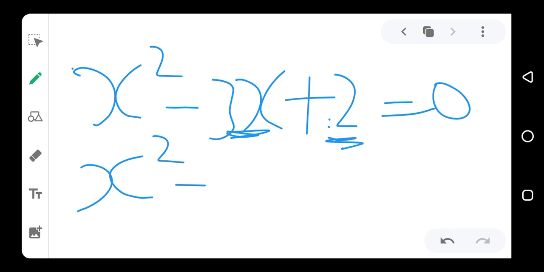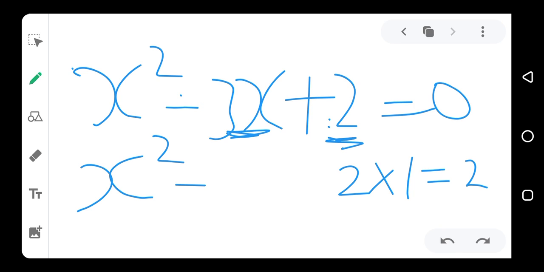Now let's say we have 2 times 1 is equal to 2, and we have to take notice of the minus sign here. Whatever we are doing must also give us minus 3 and not just 3 alone.